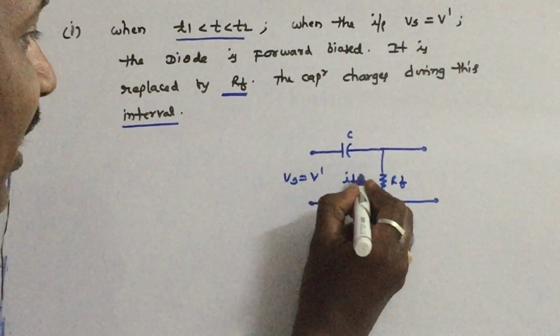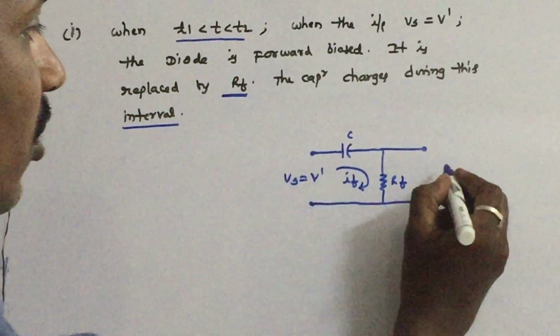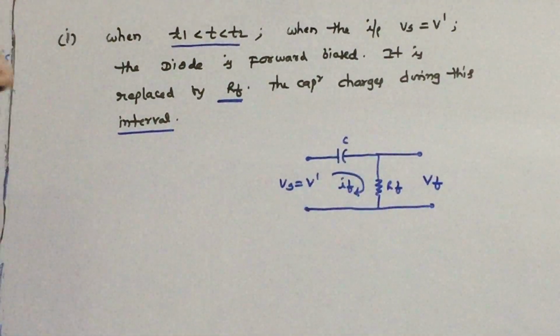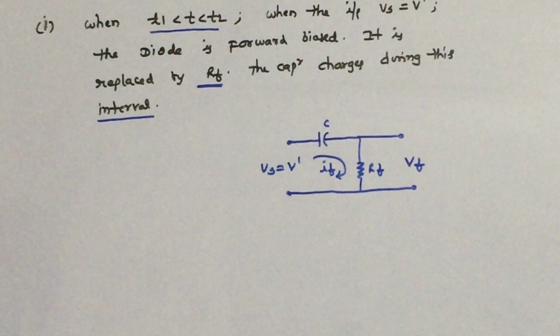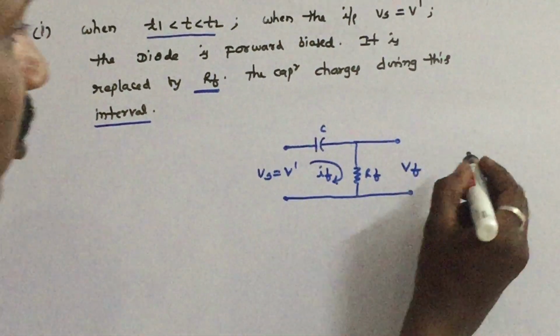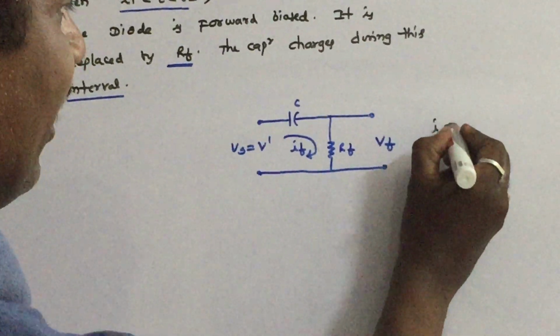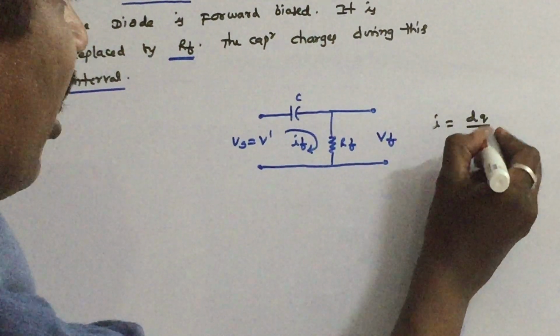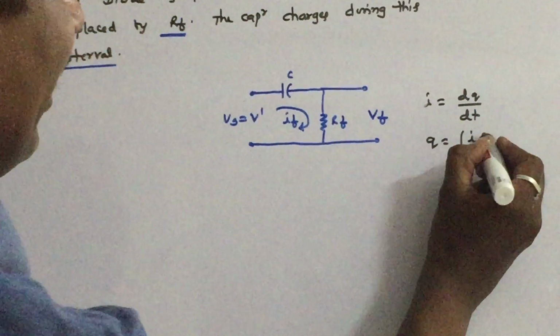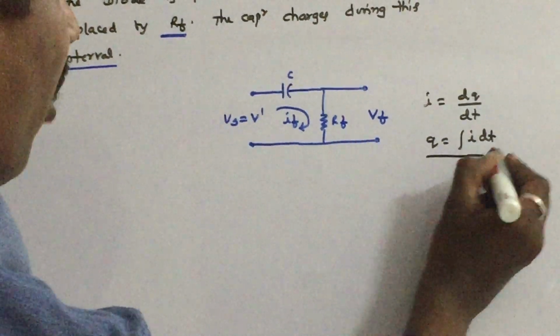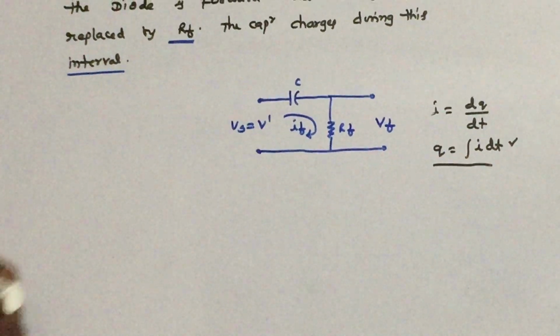Let us say the current in the circuit is IF, and the output of the circuit is VF. When the capacitor charges, as you know the simple formula, current is nothing but the rate of flow of charge. Charge is nothing but the integration of I dt. So I am using this formula.